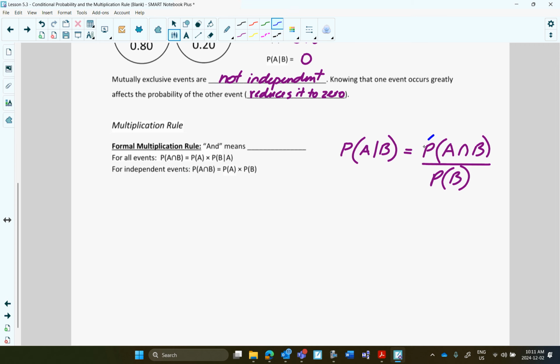Well, we multiply both sides by the probability of B. Those cancel.